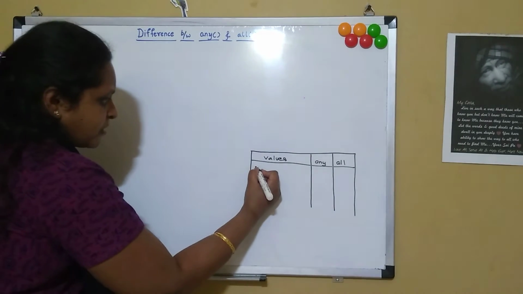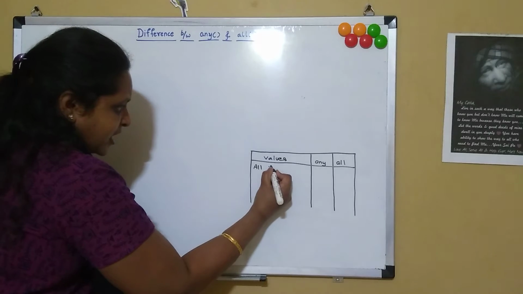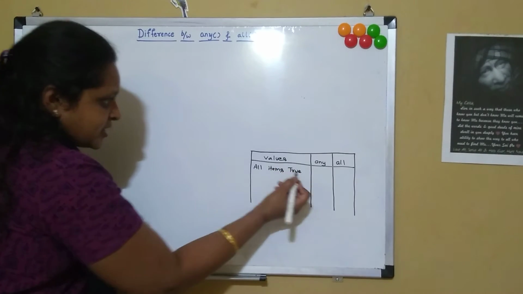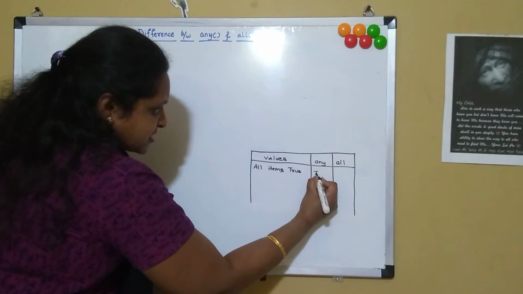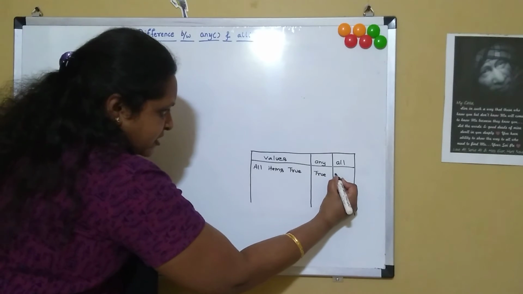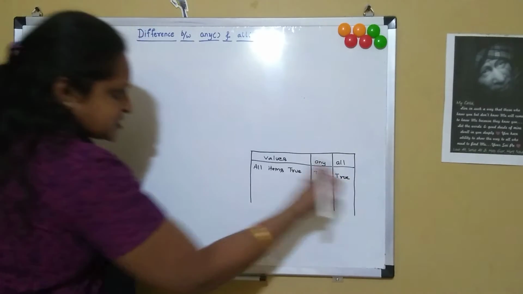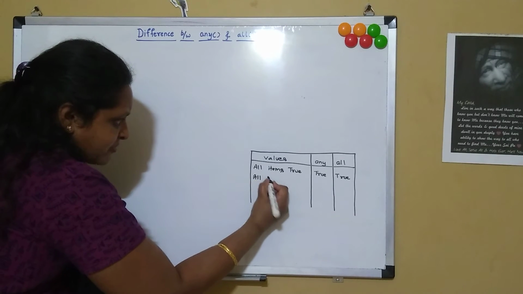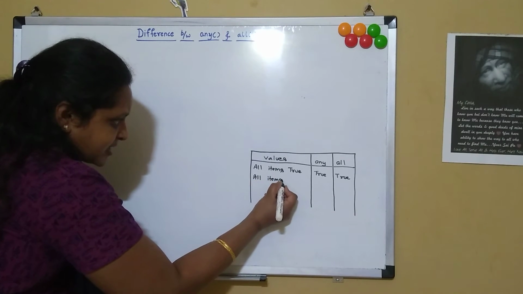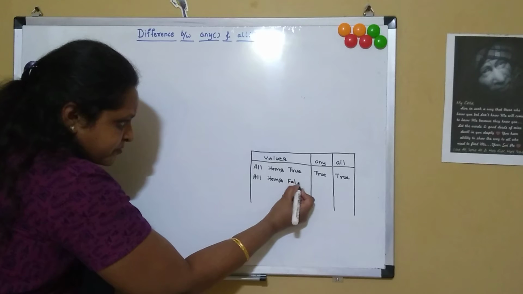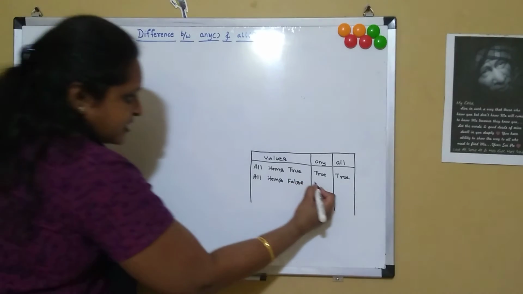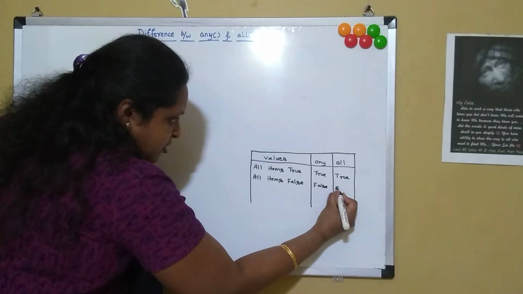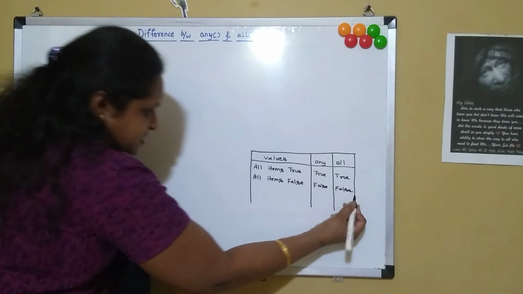So when all items evaluate to true in the iterable, any function returns true. All function also returns true. When all items evaluate to false, all items are false, then any function returns false. All function also returns false.